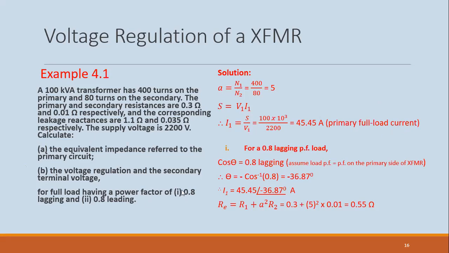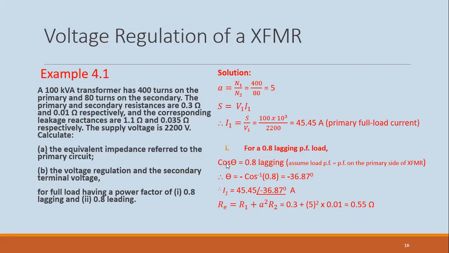Now we are solving for 0.8 power factor lagging, so the power factor at full load is 0.8 lagging. Technically, that lagging power factor is on the secondary side of the transformer because the load is on the secondary. We're going to make an assumption that the power factor is also 0.8 lagging on the primary side.